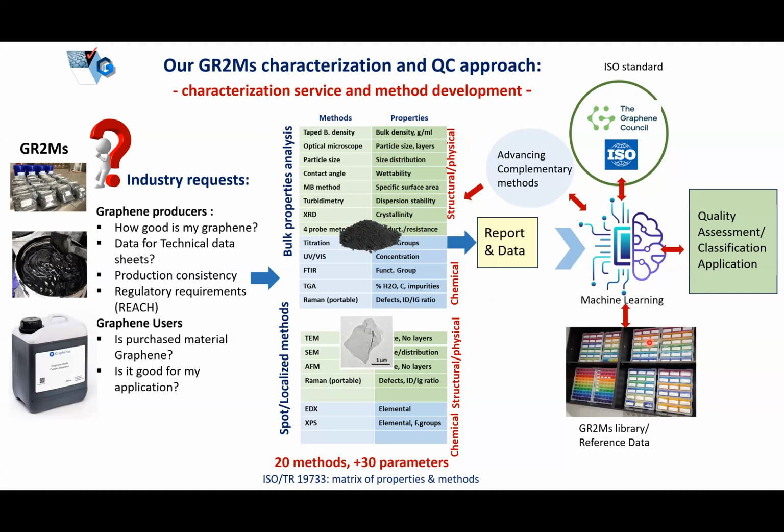As part of this, we built our own library of graphene materials, collecting samples from producers worldwide, and we have a very large database on the properties of these materials. We also started to use machine learning to get more information from tested samples and establish links between properties and potential applications of graphene materials. We also developed a program to classify the quality of graphene materials based on all our activity.